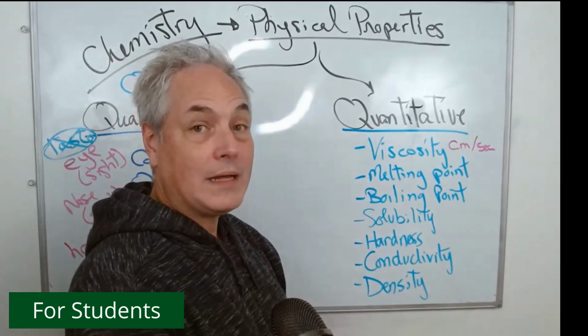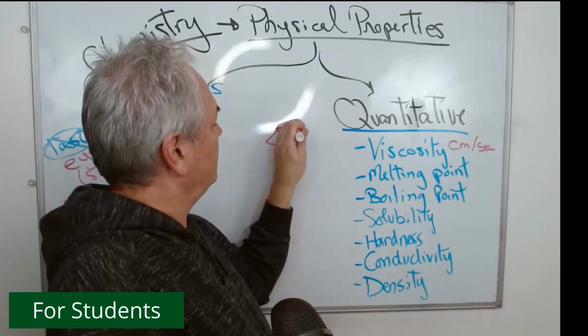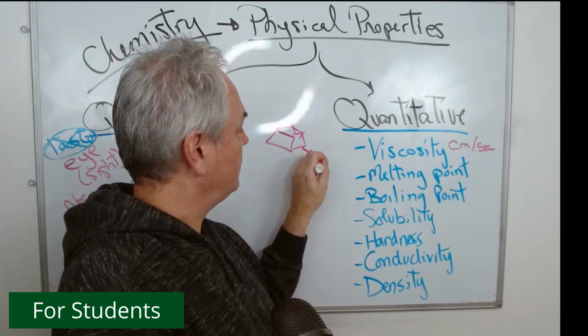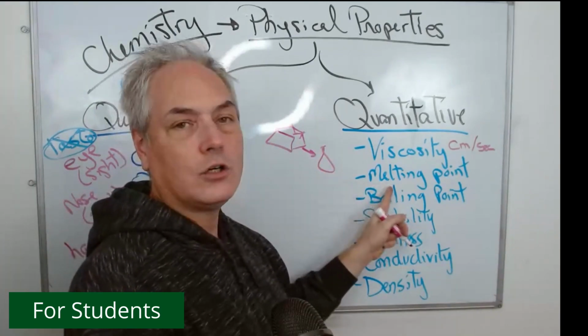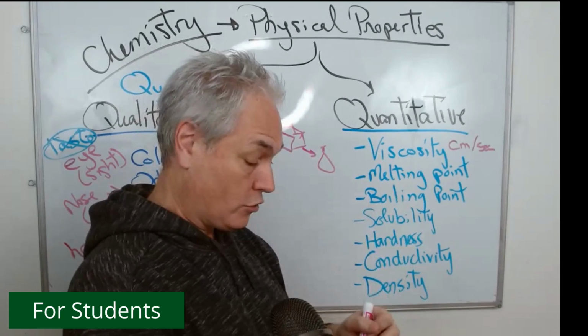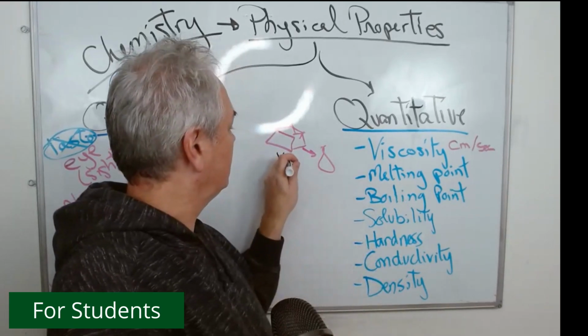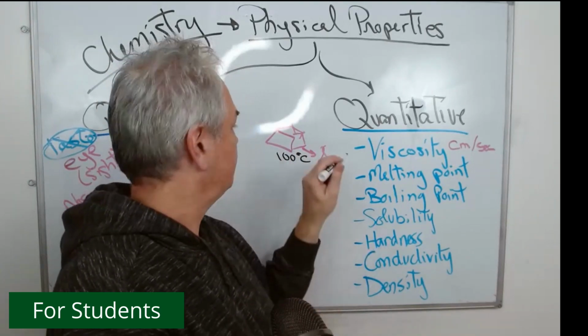If you are looking for melting point and boiling point, so for example, if you have an ice cube that is becoming water, this is called a melting point. And we know in chemistry that this happens at 100 degrees for water.